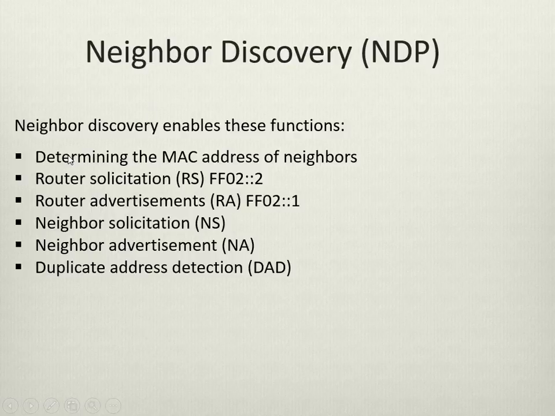And the neighbor discovery determines the MAC addresses, the router solicitations, and so on. These multicast addresses, some of them are maybe handy to kind of have tucked away. There are a few, but there aren't that many.